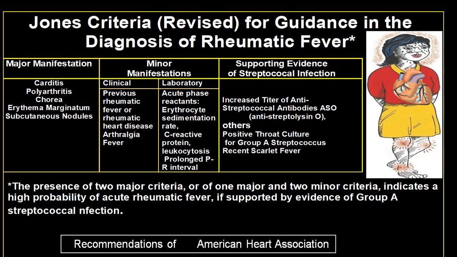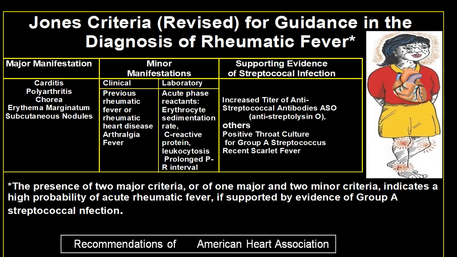There is supportive evidence of streptococcal infection, like anti-streptococcal antibody ASO titer or anti-DNase titer being high, a positive throat culture for group A beta hemolytic streptococcus, or recent evidence of scarlet fever.